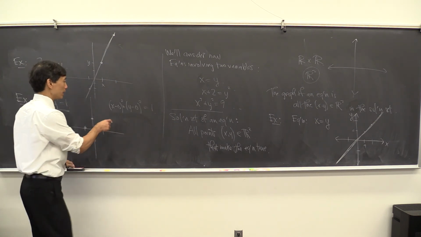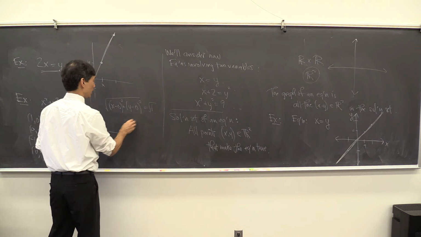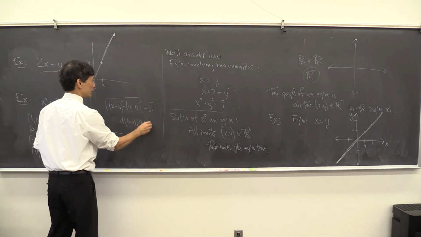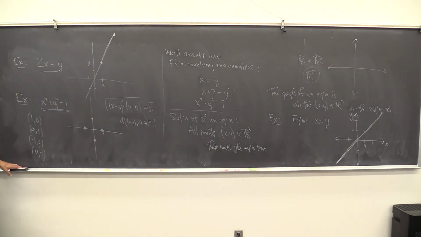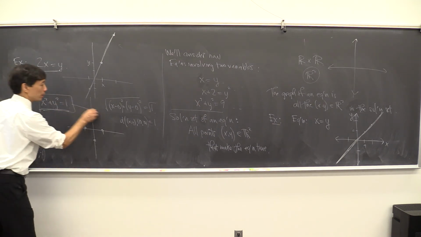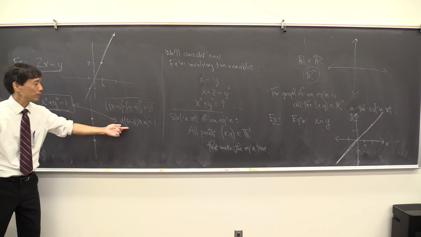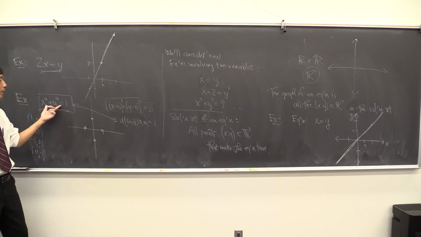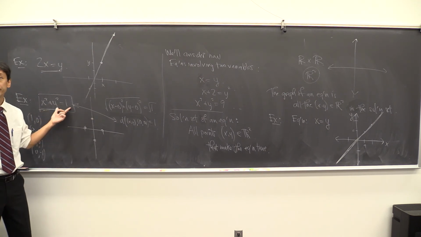So what this is saying is that, let me take the square root of both sides, the distance from your point to the origin is 1, right? So this in English, I guess, says you're looking at the points whose distance to 0 is 1.